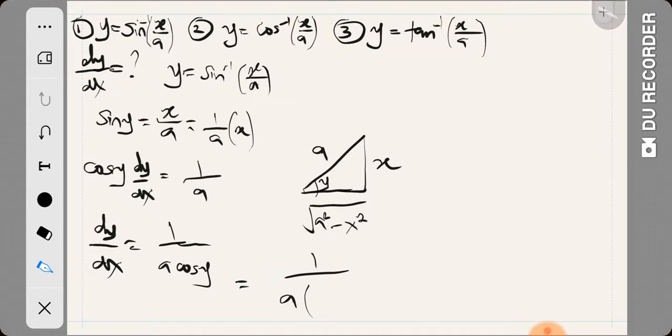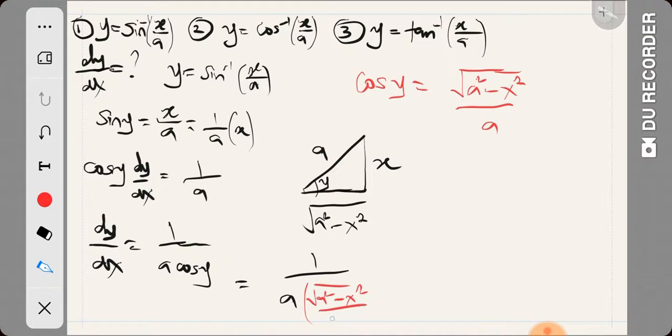Now cosine of y, from this diagram, will be adjacent over hypotenuse, which is the square root of a squared minus x squared over a.